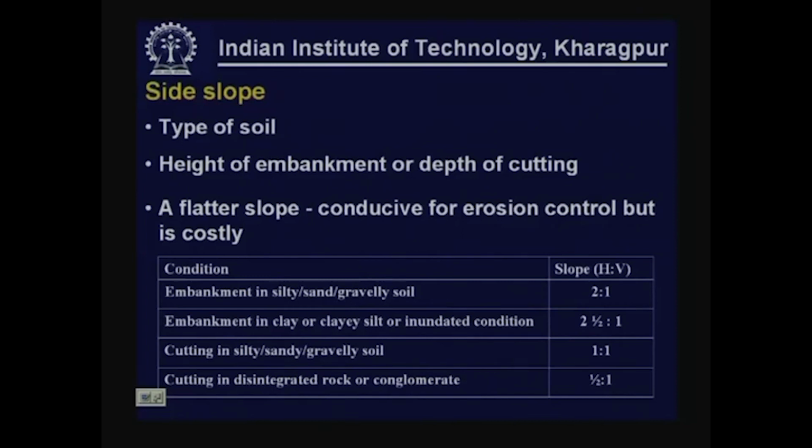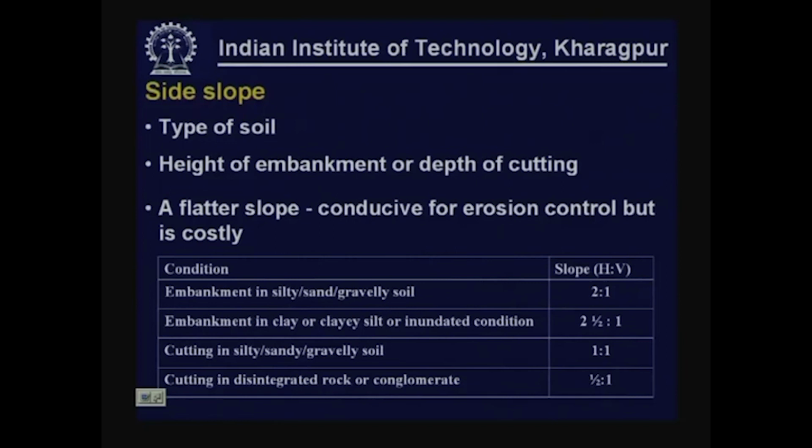It is needless to mention that obviously a flatter slope will be more stable and it is desirable, but at the same time, if we try to provide a very flat slope, it will no doubt be expensive, or the cost incurred will be more.